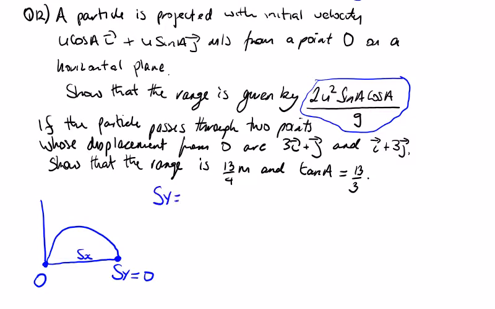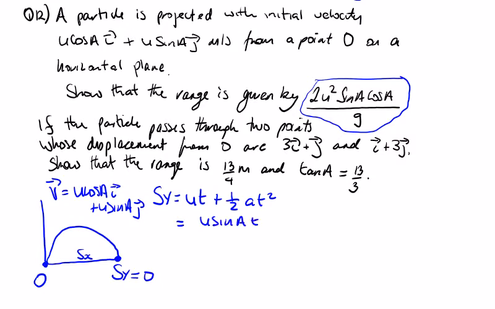So S of y is equal to, well, let's write down our initial vector. It's equal to u cos alpha times i plus u sine alpha times j. So I'm displacing my ut plus a half at squared, where a is equal to minus g, is going to give me u sine alpha times t minus g over 2 times t squared. So factoring out my t, u sine alpha times t minus gt over 2 is equal to 0.